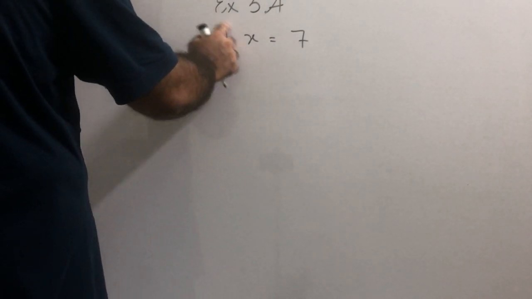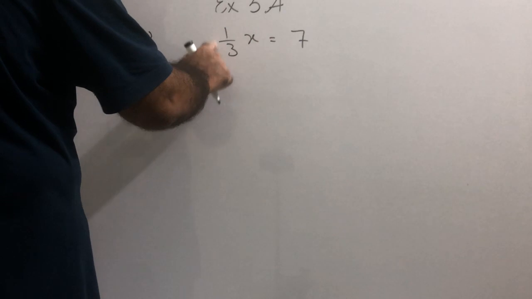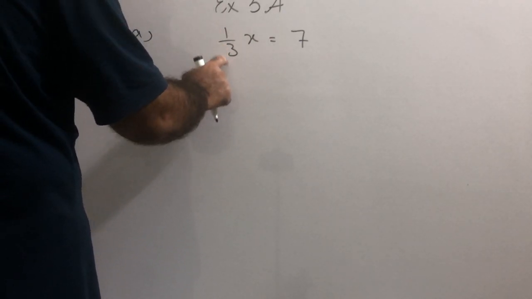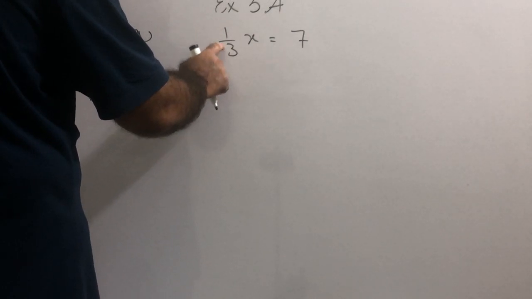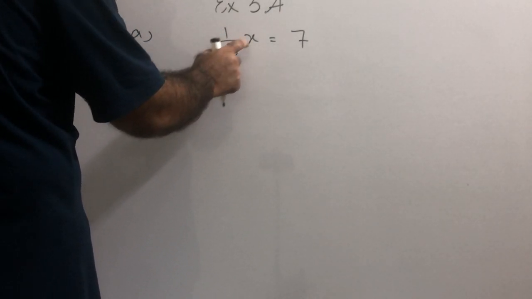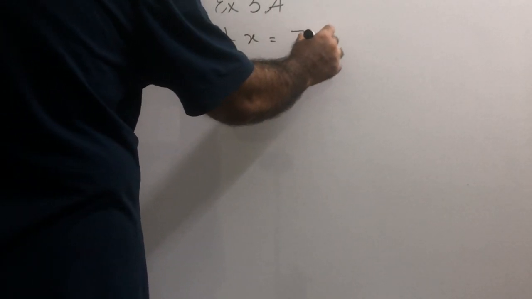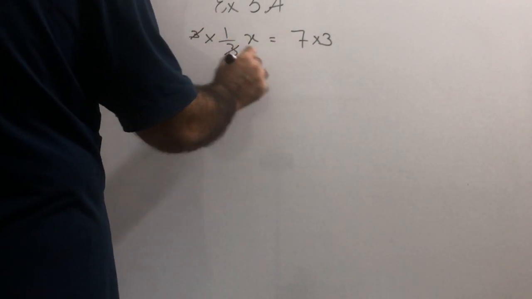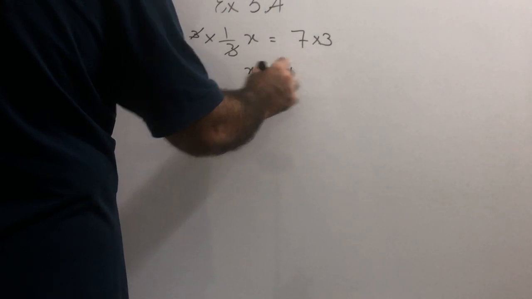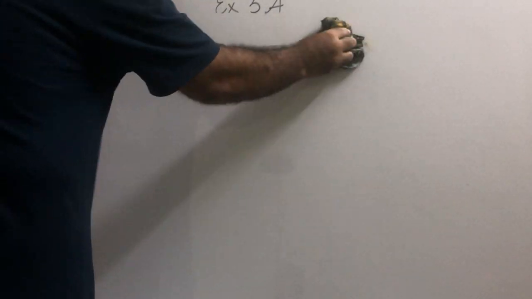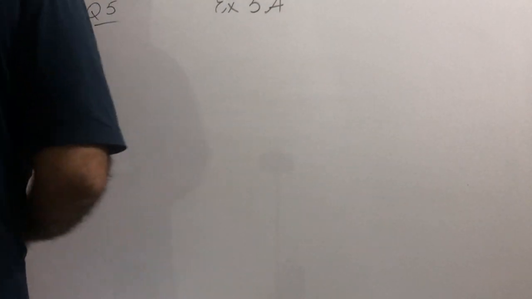We don't need this 3. See, 1 over 3 means x is divided by 3. So if we multiply both sides by 3, 3 will be cut with 3. So x will become 7 3s, 21. So x is equal to 21 is the answer for part A. It was a very simple, one step question.